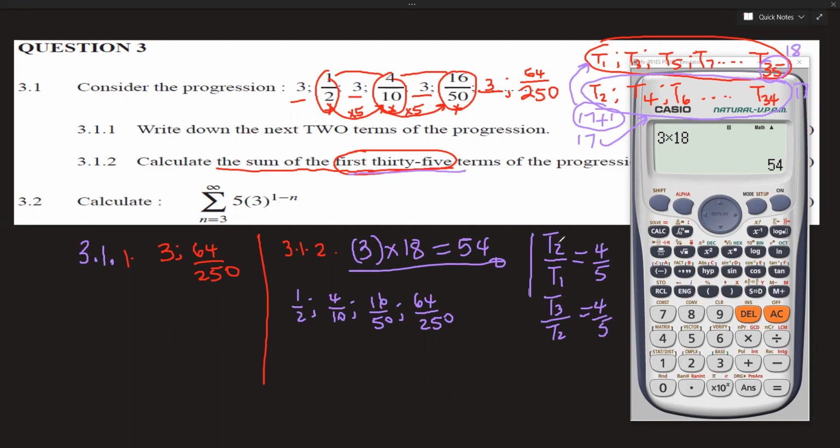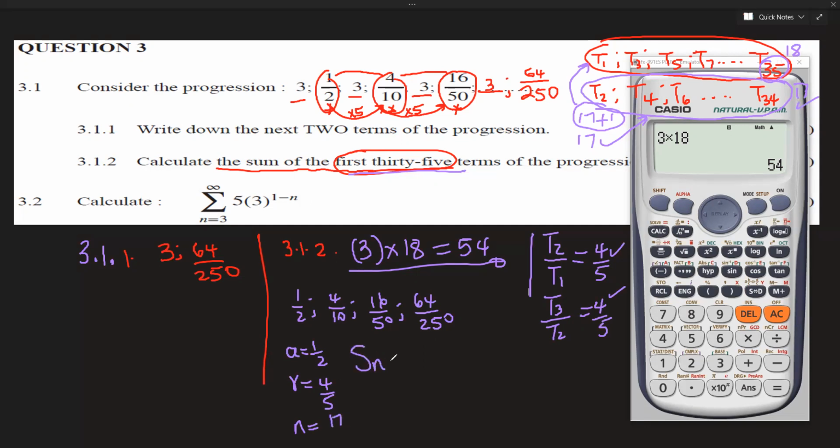You can substitute and punch it on a calculator to verify. On this geometric pattern, my first term A is half, my R is 4 over 5, and my number of terms is 17. So I can easily get the sum.